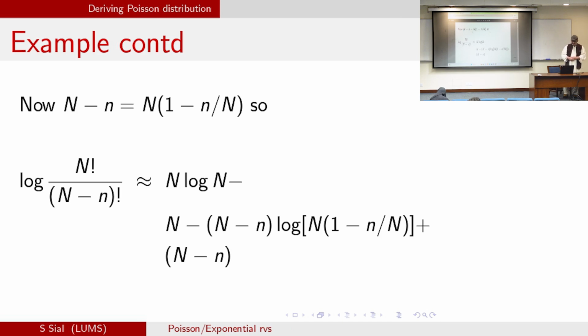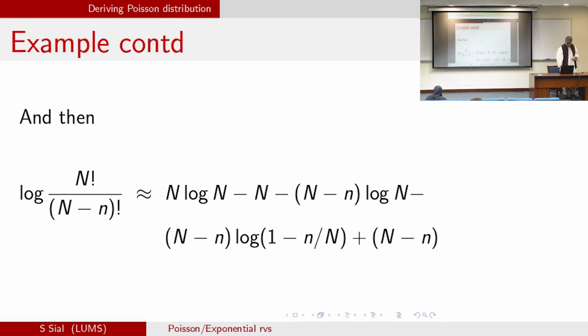Big N minus small n is big N times 1 minus small n over big N. So I'm just rewriting it in those terms, still using the same approximation for the logarithm of the binomial coefficient. And then when we exponentiate that, we will recover an approximation to the binomial coefficient. Okay, and we do some simplifications.